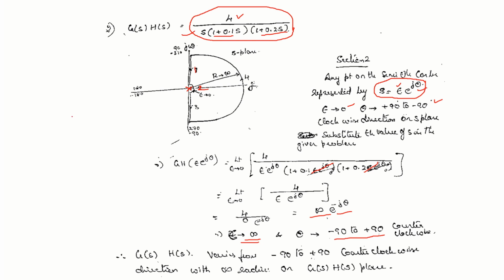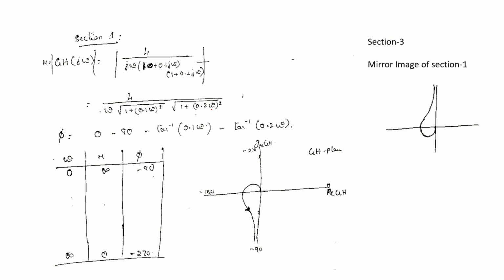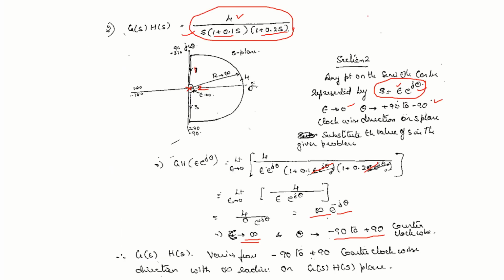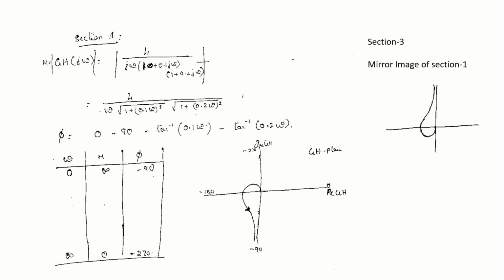So when you draw the Nyquist plot for section 2, you will get a semicircle of infinity radius like this on the GH plane, in the counterclockwise direction.